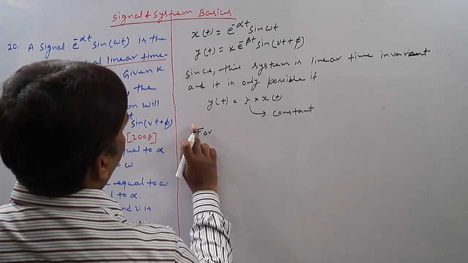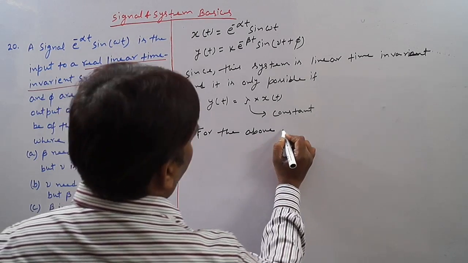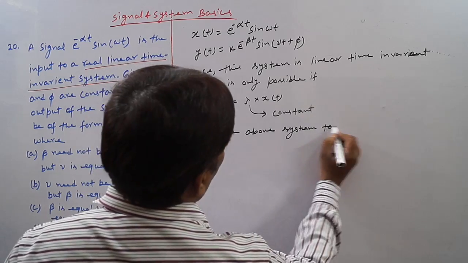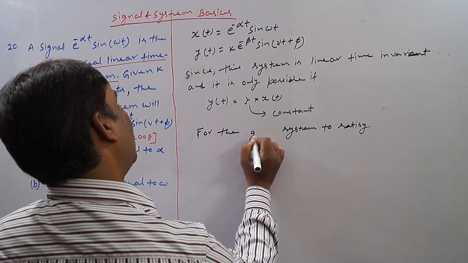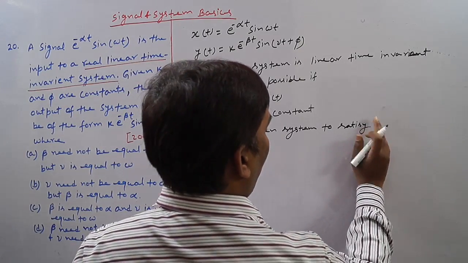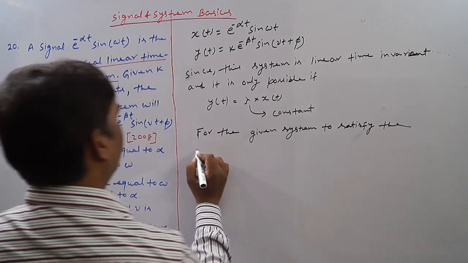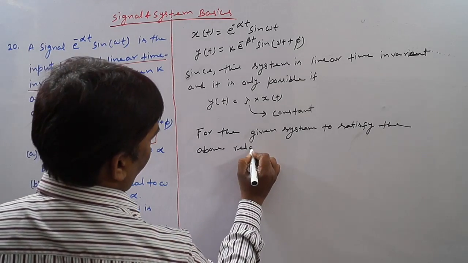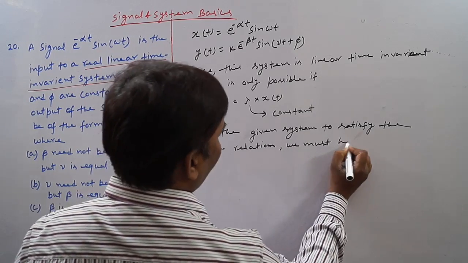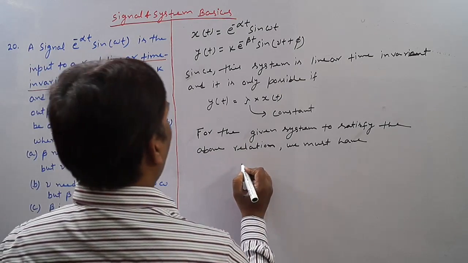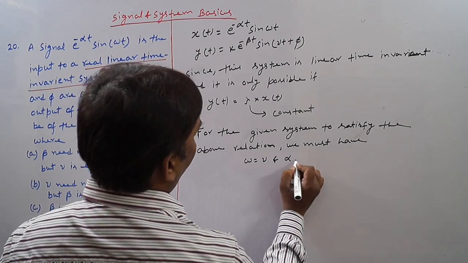For the above system to satisfy the above relation, we must have omega equal to nu and alpha equal to beta.